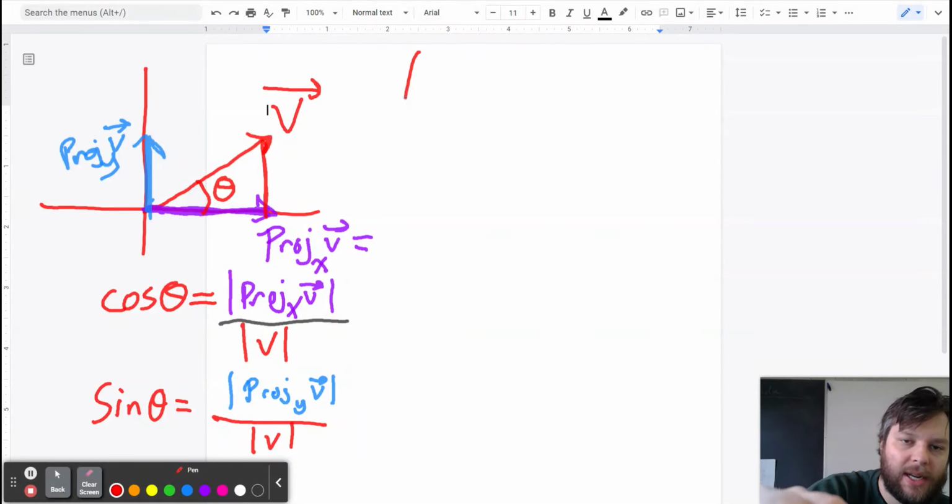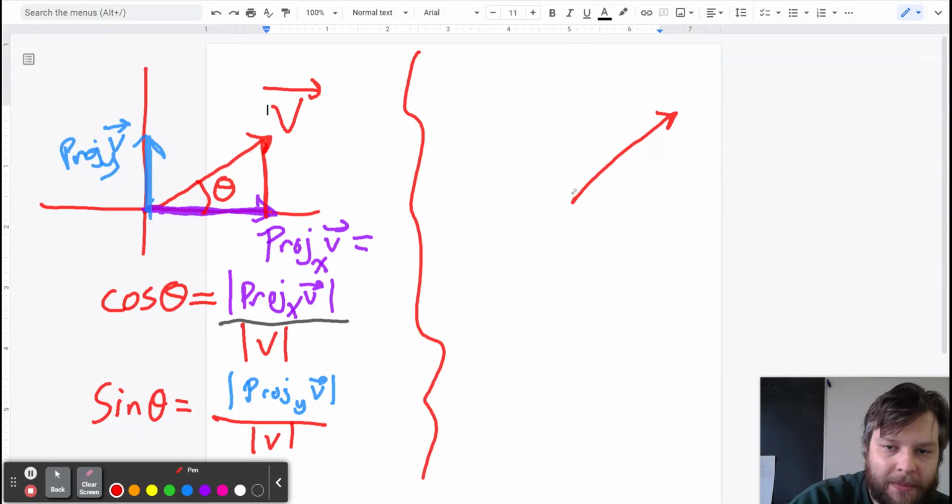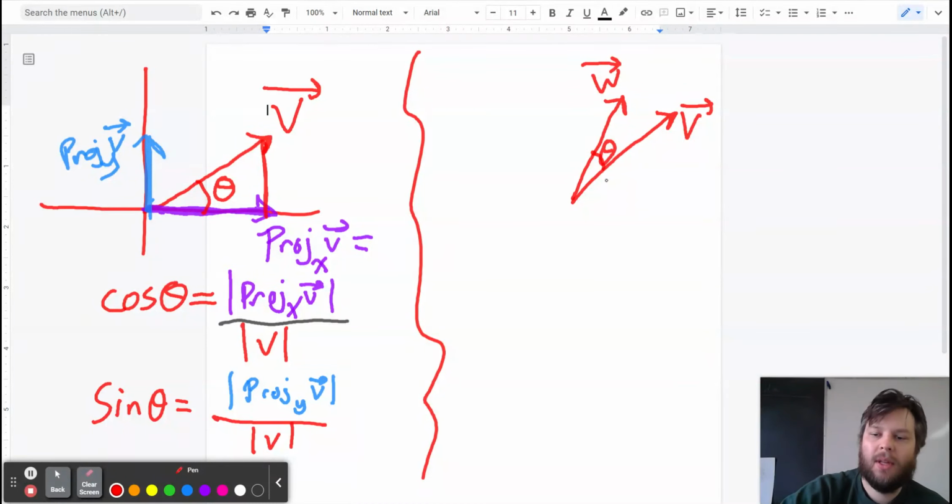So now let's look at a more generalized example. So I'm not going to tell you what dimension I'm in anymore. We're just looking at two different vectors, vector v and vector w, and they have some angle theta in between them. And what I want to do is look at what is the projection.